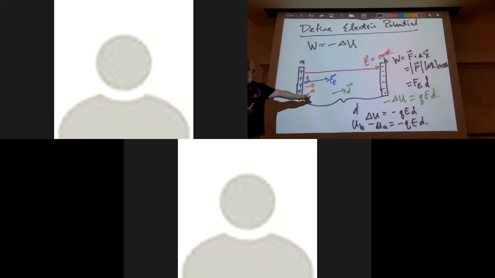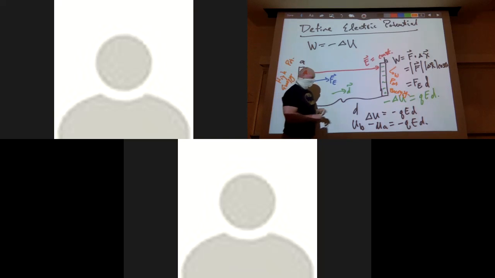That's exactly what's happening here. So the first thing we learn from here is that this is our high potential energy region, and this side over here is our low potential energy. So this thing wants to go from a region of high potential energy to low potential energy.